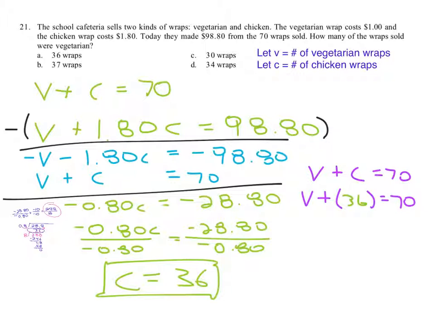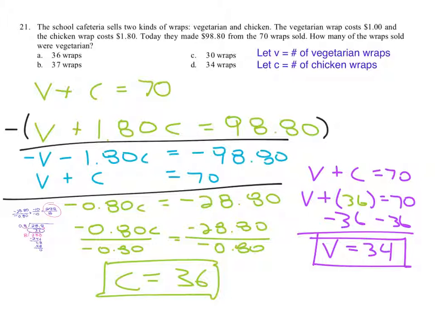And now we can subtract 36 from both sides, and we get V equals 34. That is our answer, and I will type it here up top as 34 wraps, and that is the answer that we have for D, so the answer is D.